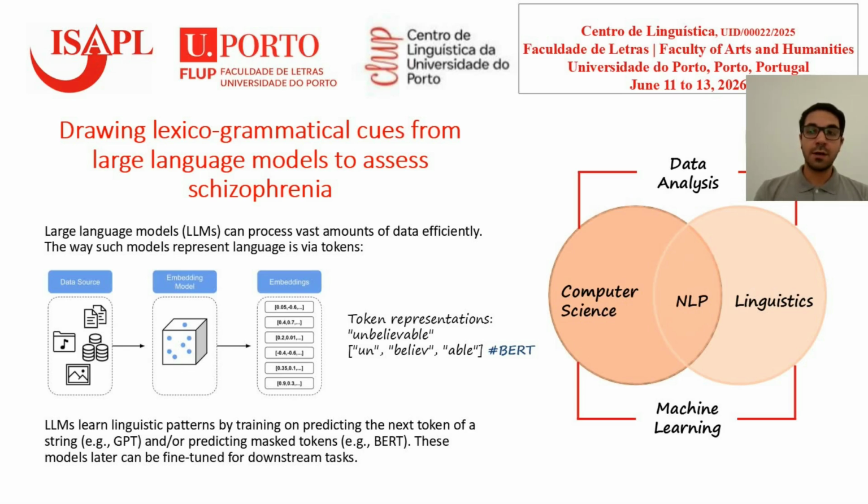These tokens are represented as a dense vector of numerical values, and these numerical values are what we call embeddings, and they are what a large language model actually sees and how it conceptualizes systematic linguistic patterns across languages. So these embeddings carry a lot of the information regarding linguistic elements that a large language model sees.